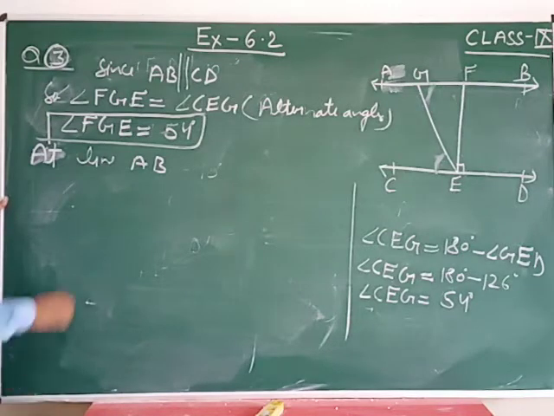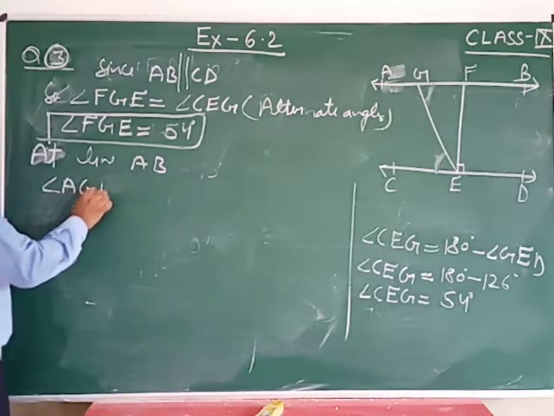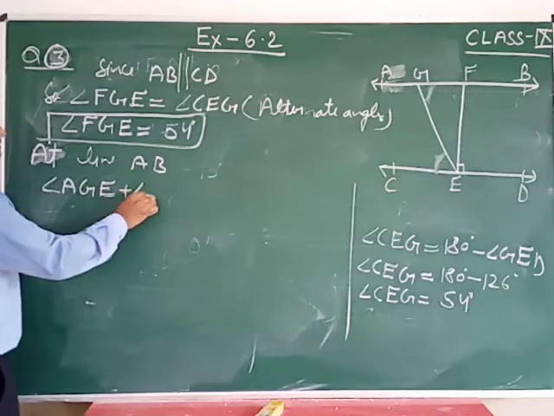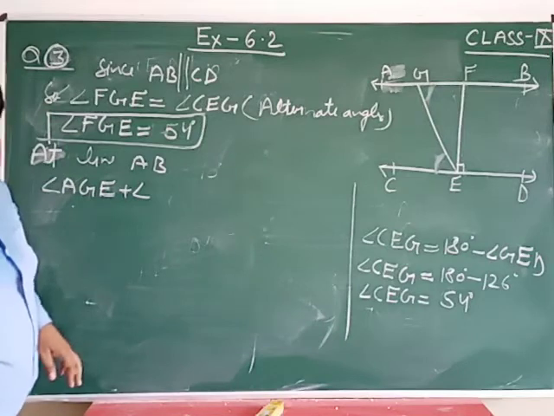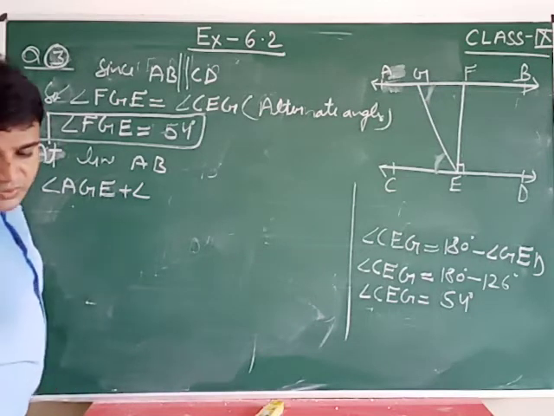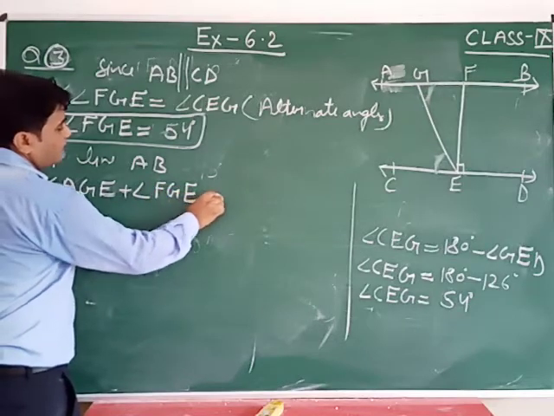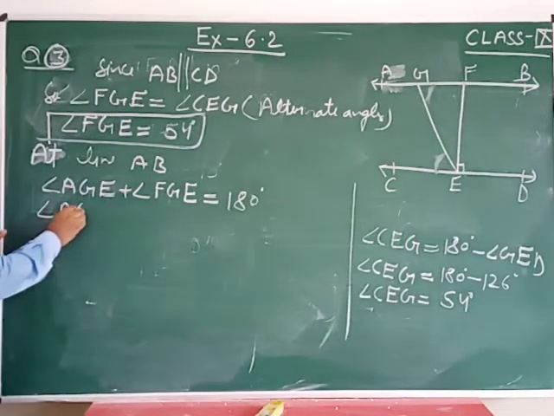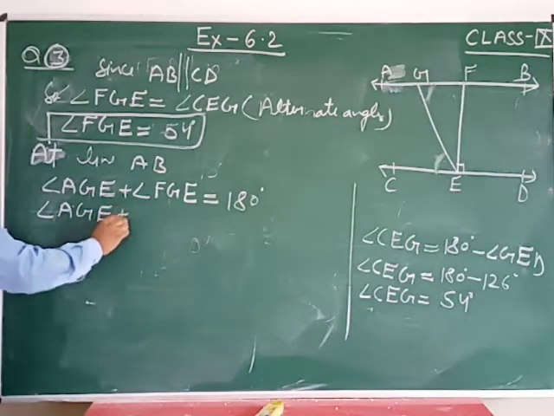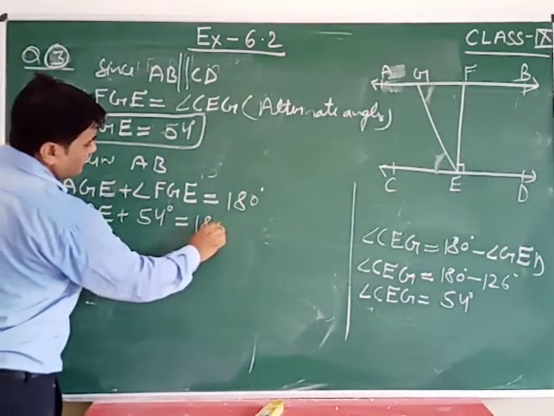At line AB, angle AGE plus angle FGE equals 180 degrees. Angle AGE plus 54 degrees equals 180 degrees.